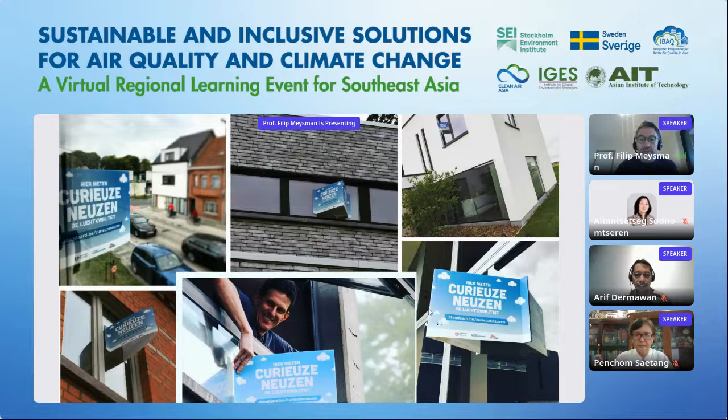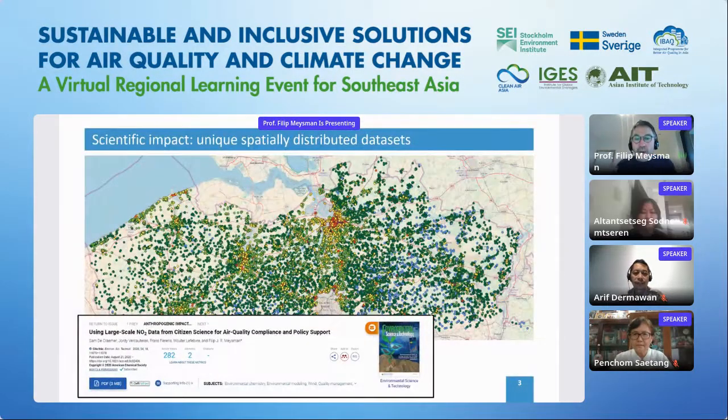I can talk more about this, but basically we had a measurement network of 20,000 of these air quality stations across the country. And why do we want to be big? Well, because we're scientists. We need these data to assess the impact of air quality on the health of people.